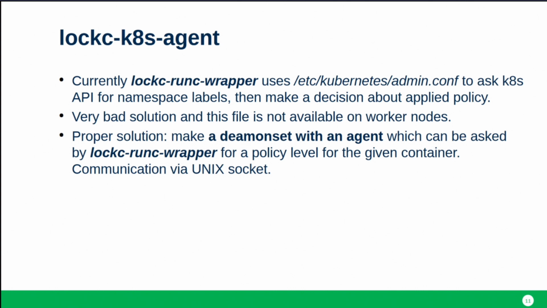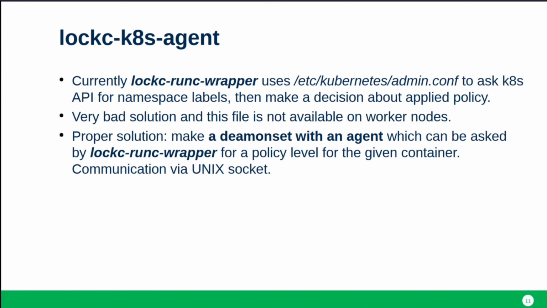Unfortunately, for now we are just using the admin conf from the host, which is not on workers. I know it was a pretty ugly solution, but we were in a rush to check out the functionality of applying policies and so on.